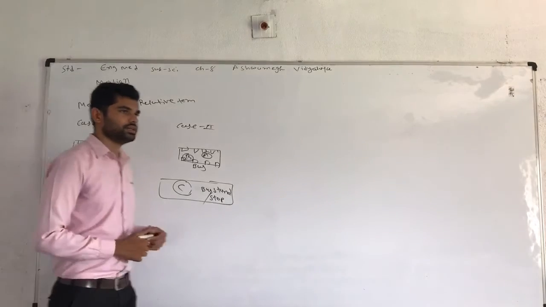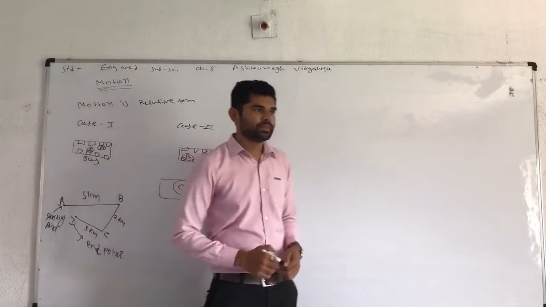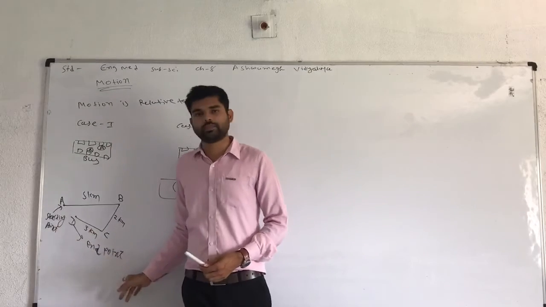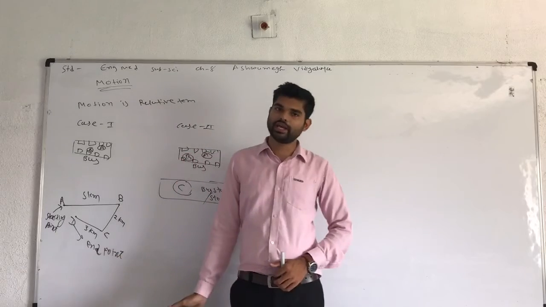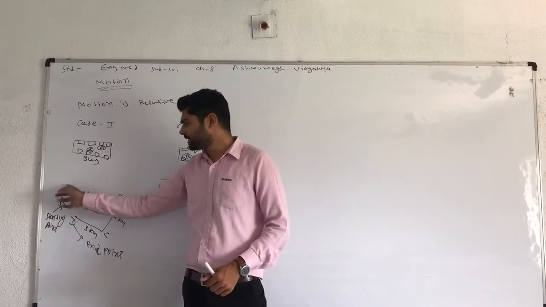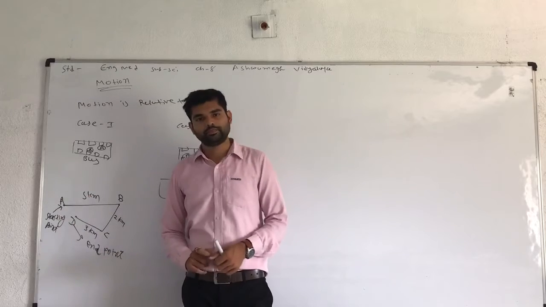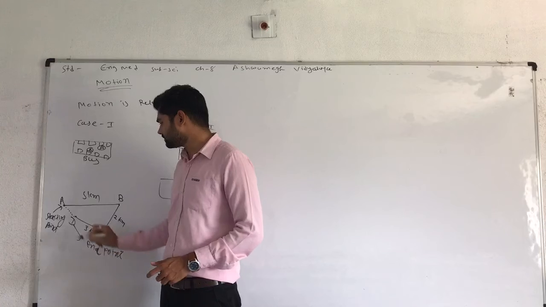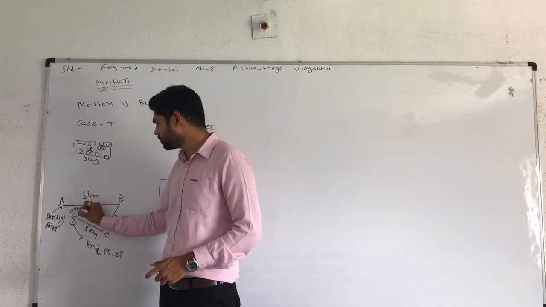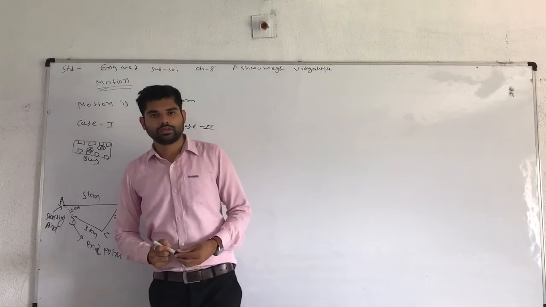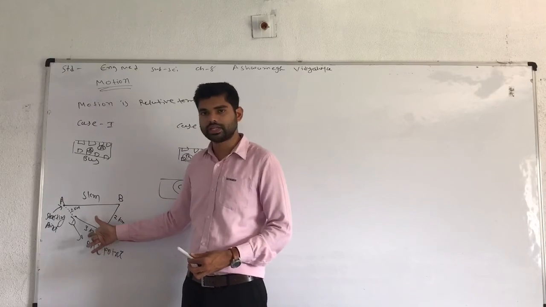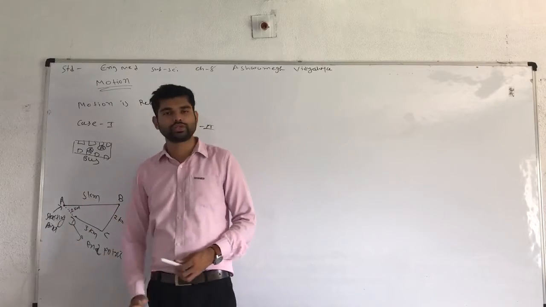Starting and ending points have other names: initial point and final point. The distance between A and D is measured as 2 kilometers. So all the distances can be seen here: 5 kilometers, 2 kilometers, 3 kilometers, and A to D is 2 kilometers.